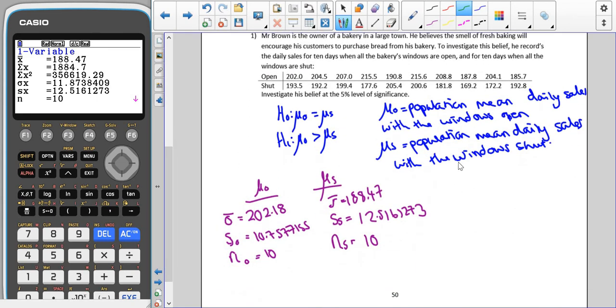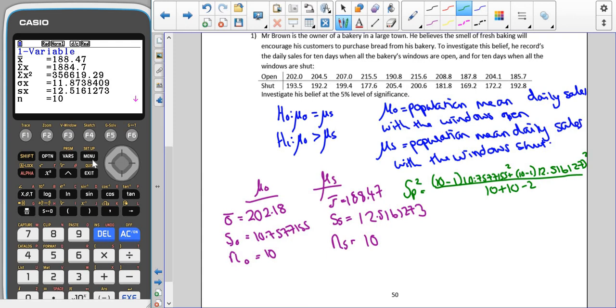So that's going to give us Sp squared is equal to 10 minus 1 times 10.7577155 squared plus 10 minus 1 times 12.5161273 squared, divided by 10 plus 10 minus 2.